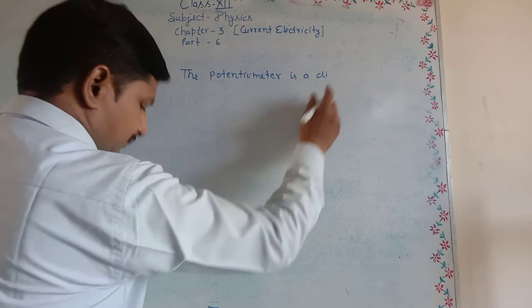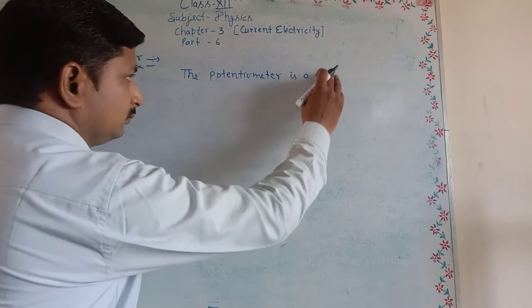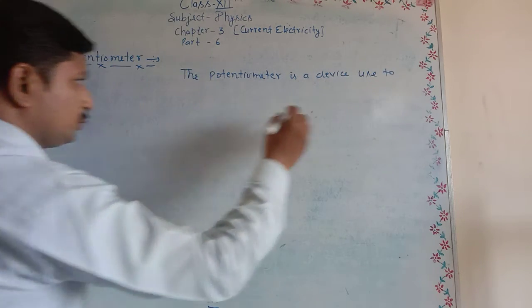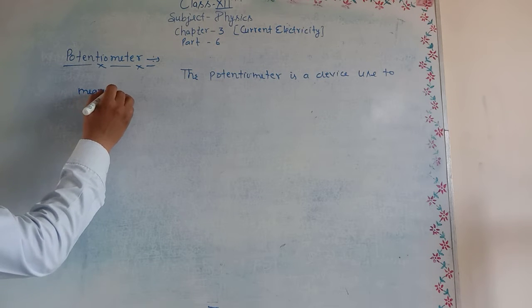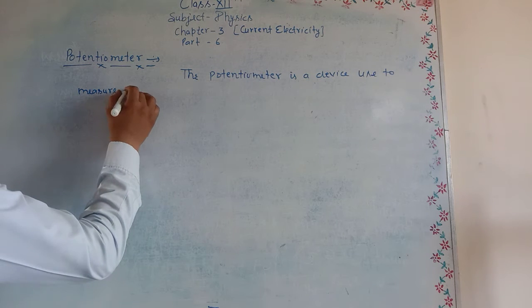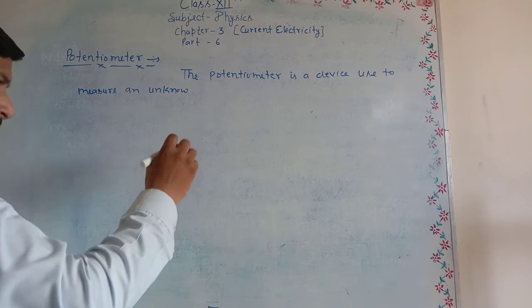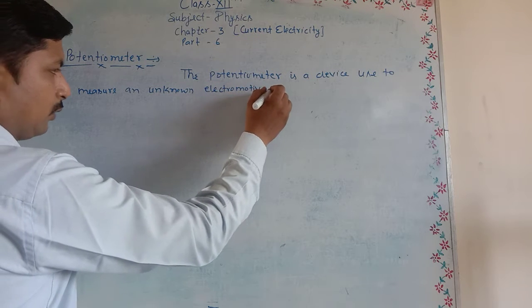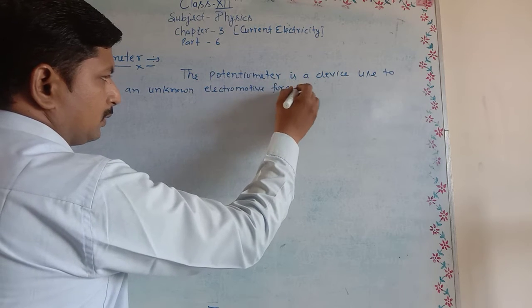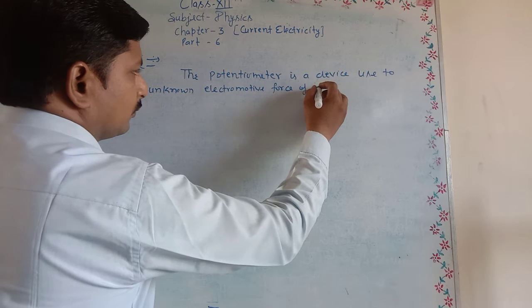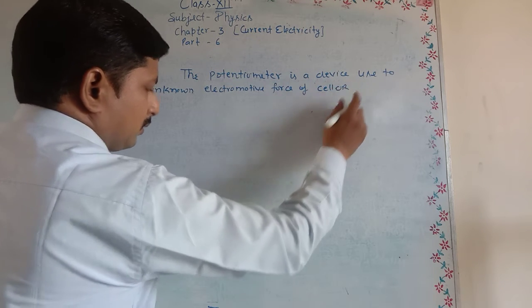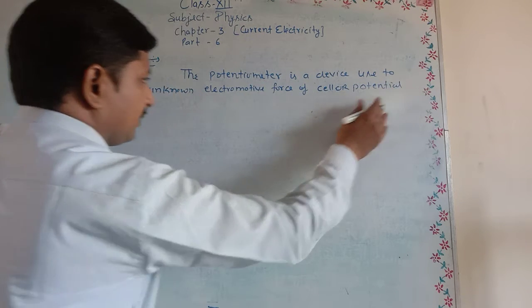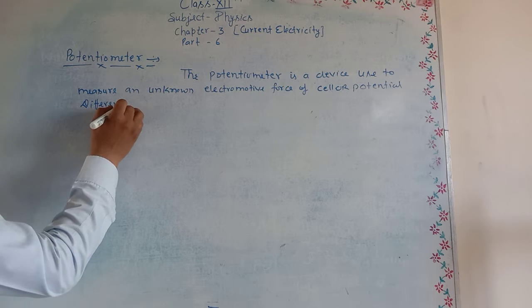The potentiometer is a device used to measure an unknown electromotive force of a cell or potential difference accurately.